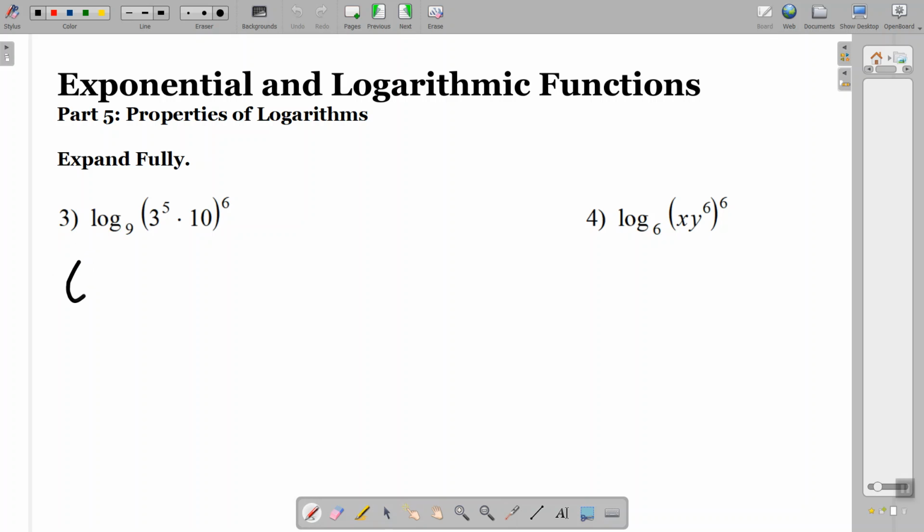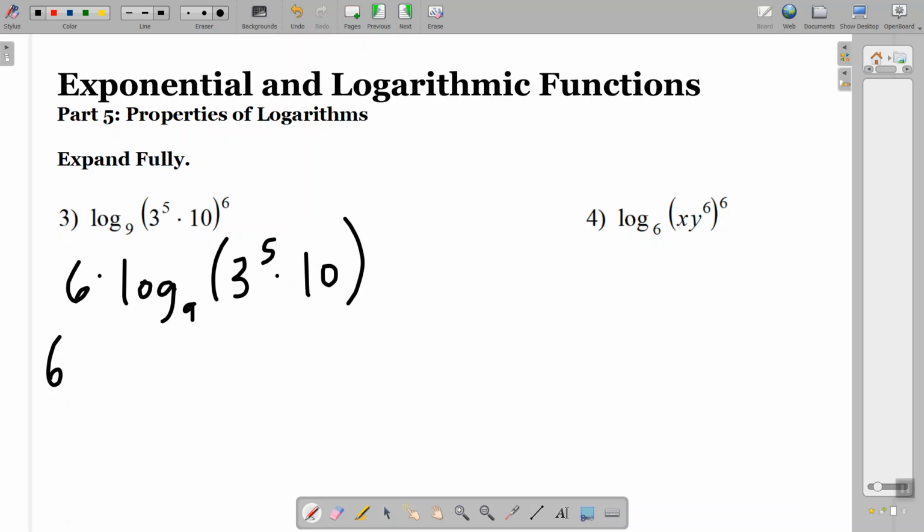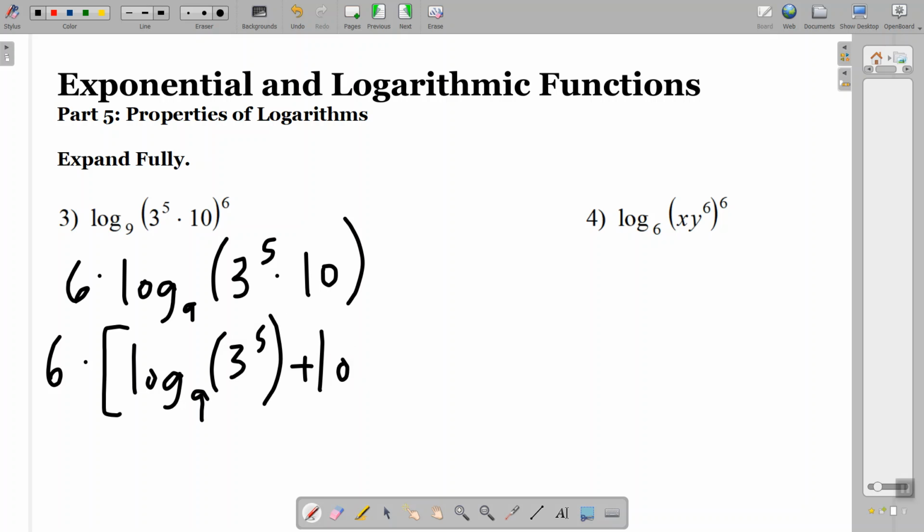Okay, we'll have 6 times log base 9 of 3 to the 5th times 10, and 6 times, okay, split this up, log base 9 of 3 to the 5th plus log base 9 of 10.